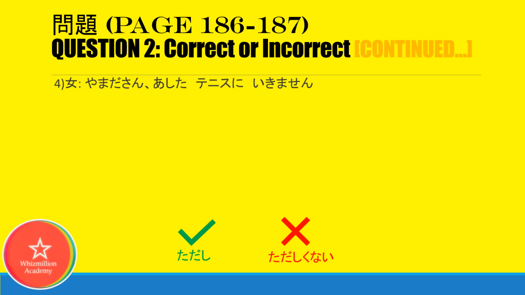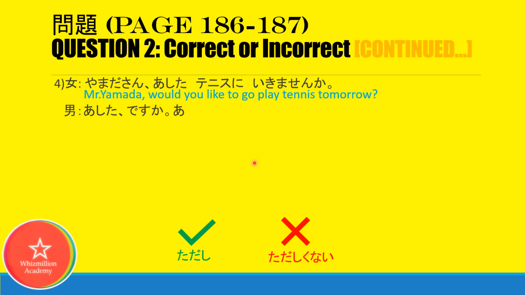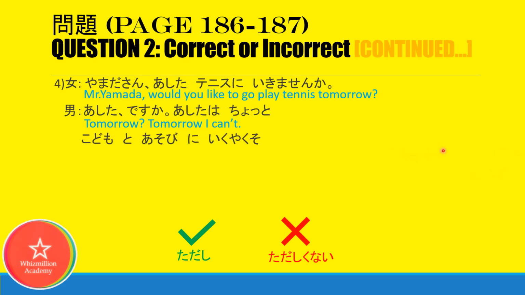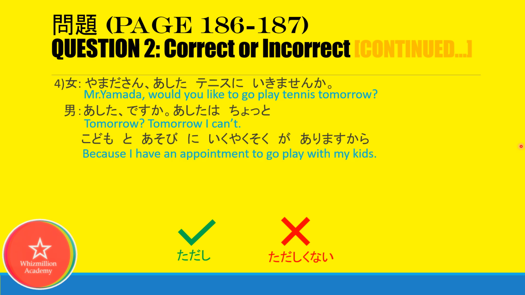Question number 4. 女の人。山田さん、明日テニスに行きませんか? Mr. Yamada, would you like to play tennis tomorrow? 男の人。明日ですか? 明日はちょっと。Tomorrow? Tomorrow I can't. 子供と遊びに行く約束がありますから。Because I have an appointment to go and play with my kids.